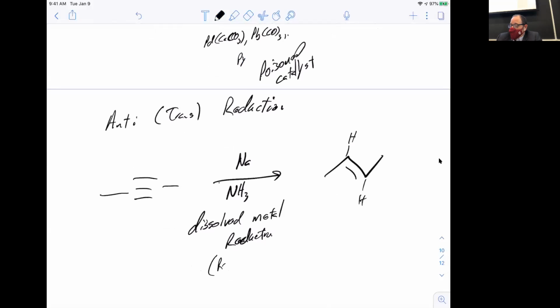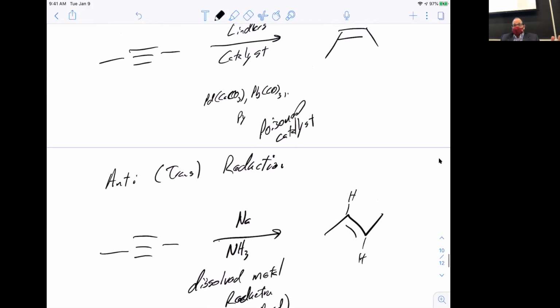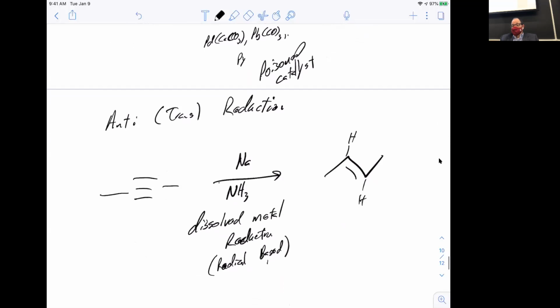This one is actually a radical-based reaction, and we'll look more at that next Thursday. The metal catalyst involves absorption of the alkyne or alkene onto the metal surface. When we go to sodium dissolving metal, sodium and ammonia, that one is more of a radical-type process, and we'll look at that next week.